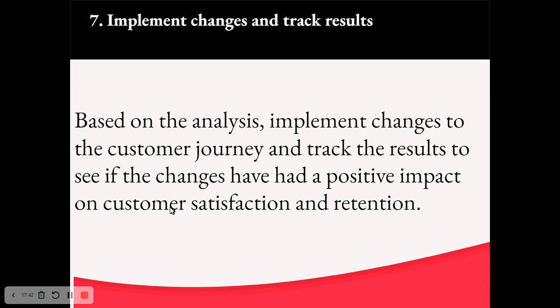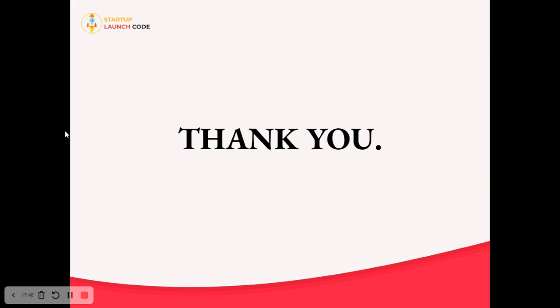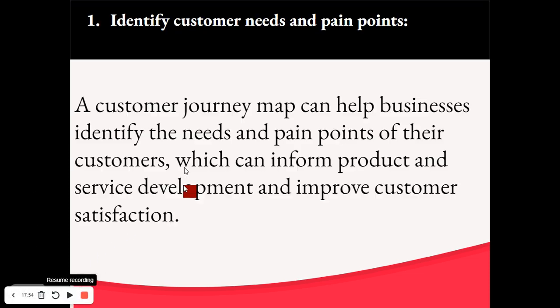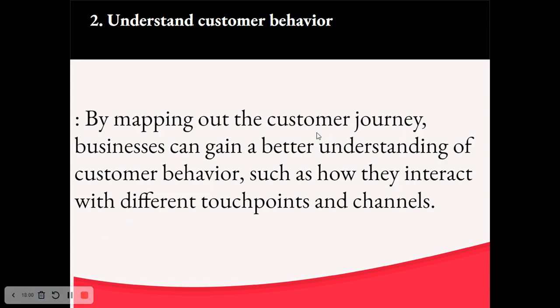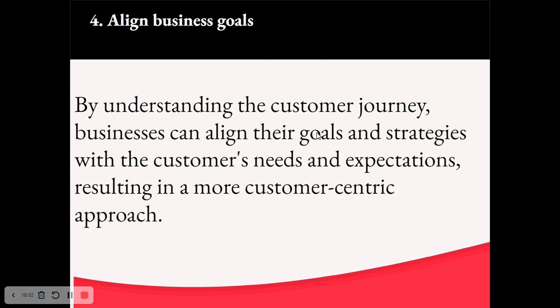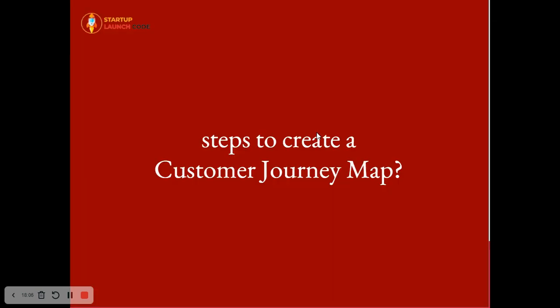And we also talked about why it is important to have a customer journey map. We said it helps you to identify your customer needs and pain points. It also helps you to understand your customer behavior. It also helps to align your business goals. Then it also helps you to better understand your customers' pain points.